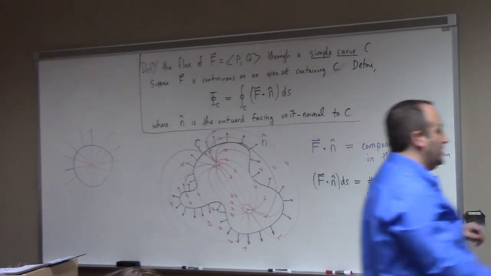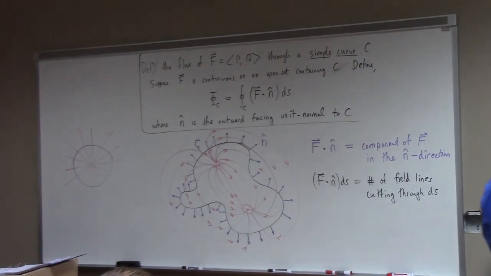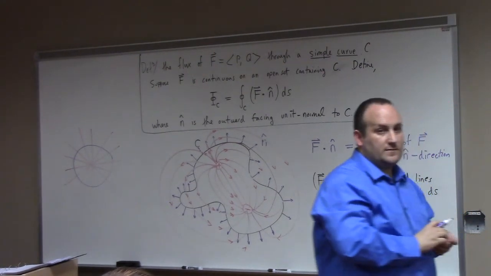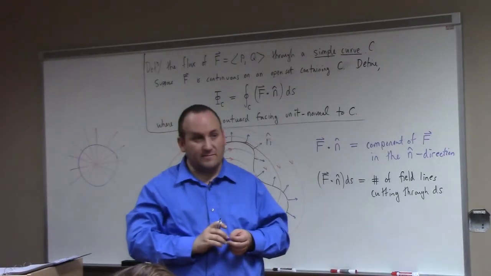And so, in other words, the unit normal we can get from the arc length parameterization of the curve as simply dy ds comma minus dx ds. How do I know that that has length 1? If I parameterize the curve with respect to arc length, right?